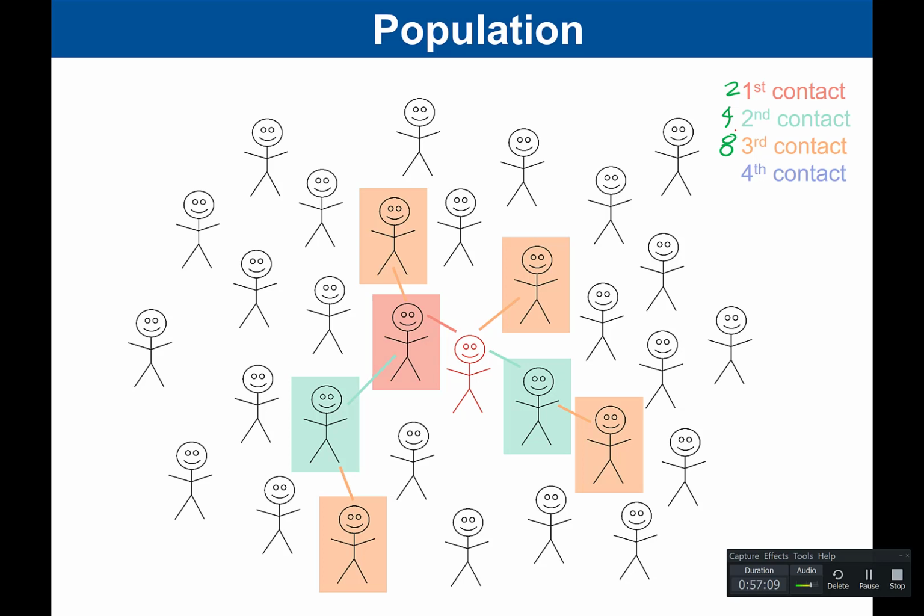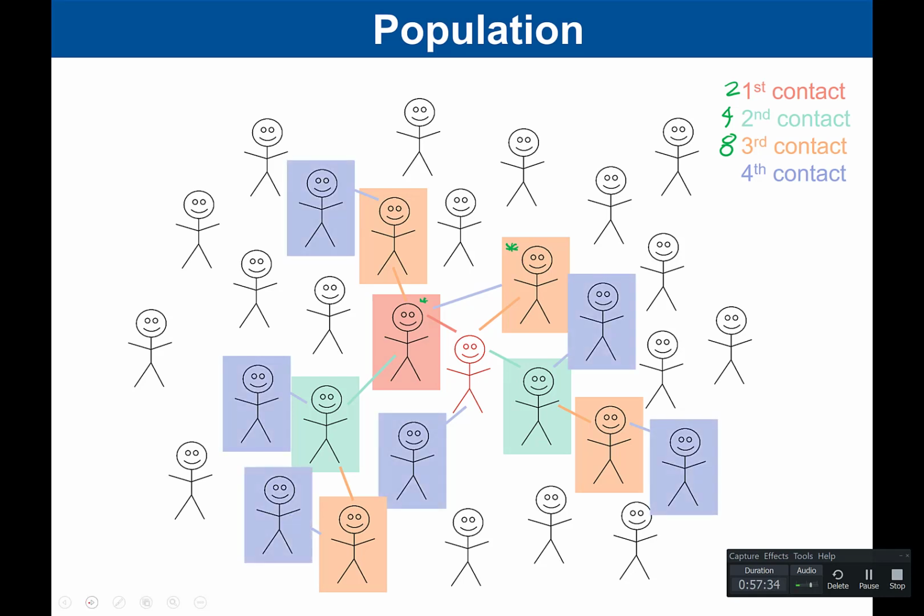So again, notice we still have 8. But what we're going to look at is, in the 4th contact, what happens if 2 people who are already infected come in contact? So let's see what that looks like. Notice that this person is already infected and this person is already infected, but during the 4th round, they have contact. So if we now look at the number of cases, it is not 16.